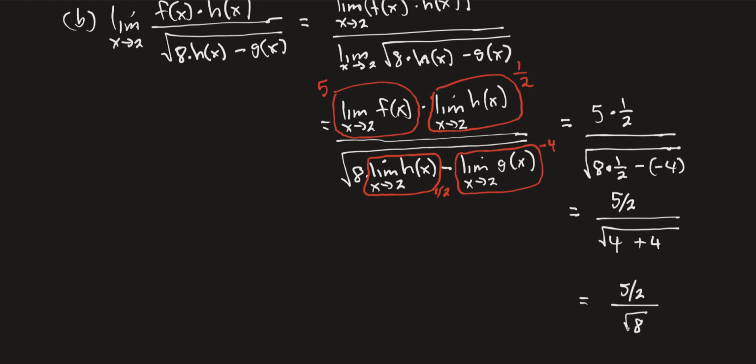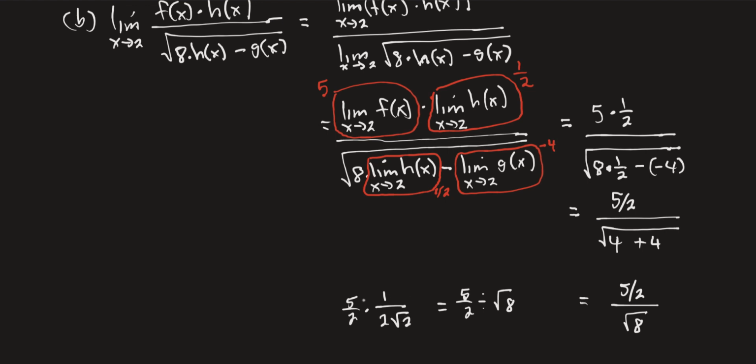That's certainly not in its lowest form, so what I'm going to do is this. We have 5/2 divided by root 8, which is the same as 5/2 times 1 over root 8. Now I know that root 8 can be reduced further. That's 2 root 2.